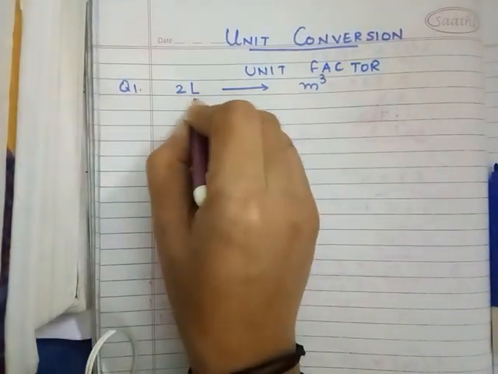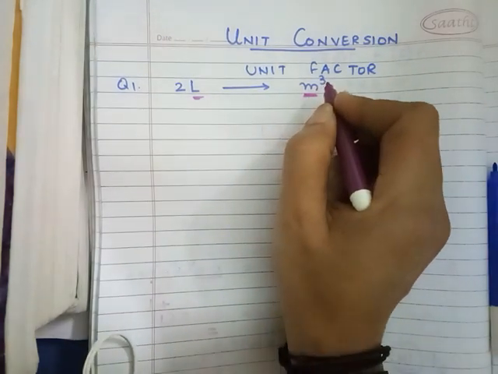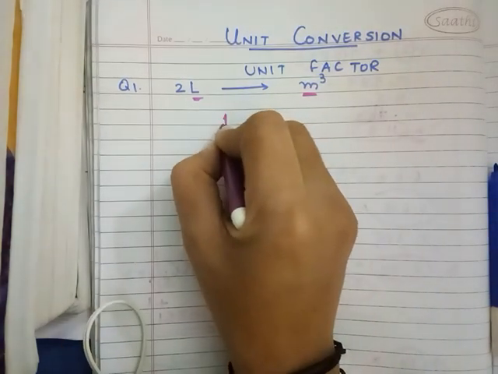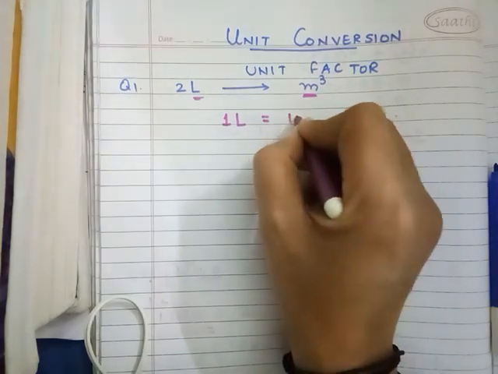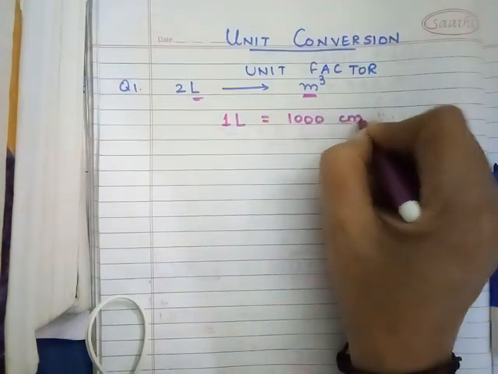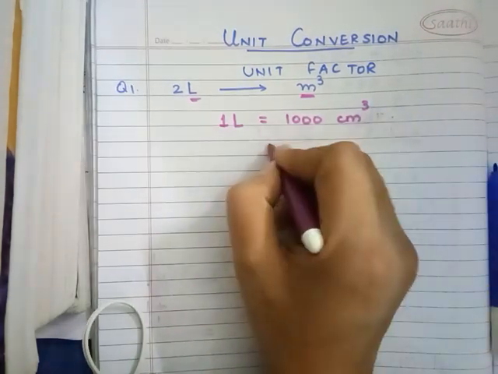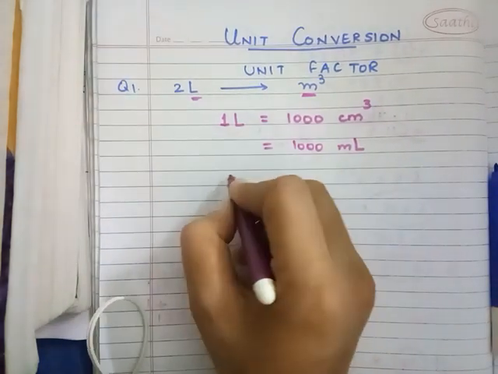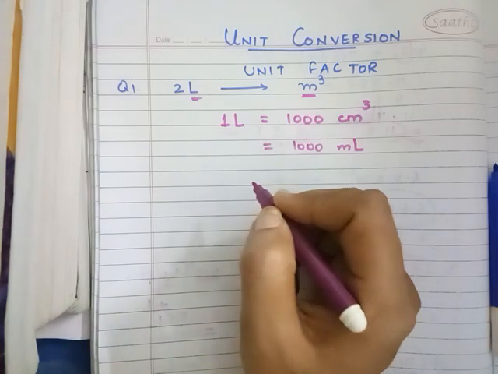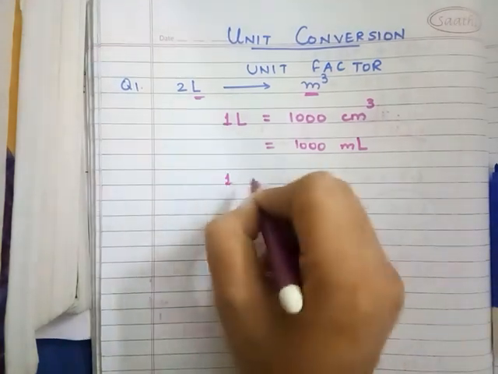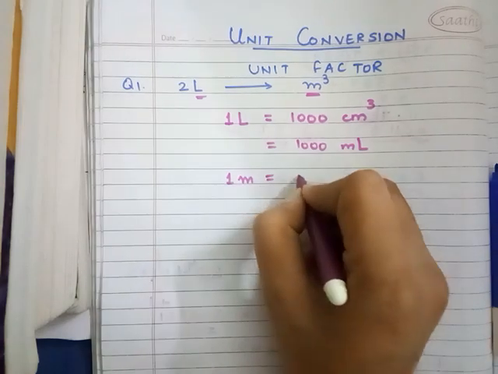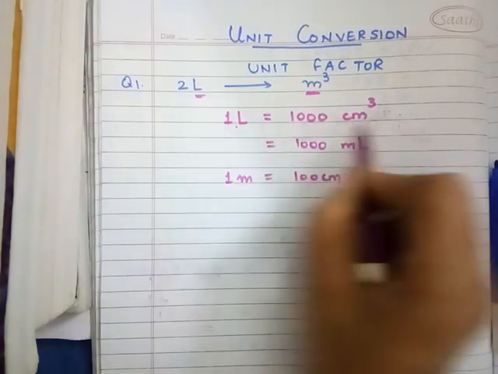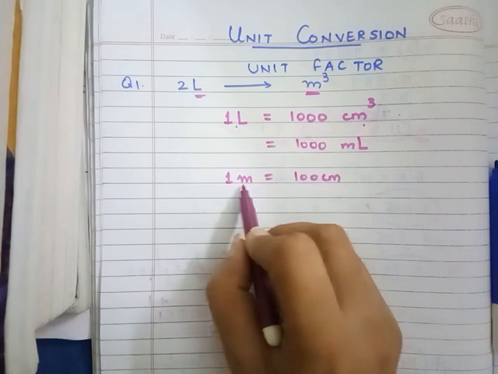So first we should know the relation between liter and meter cube. 1 liter is equal to 1000 centimeter cube, or you can say this is also 1000 milliliter, and we know that 1 meter is equal to 100 centimeter.